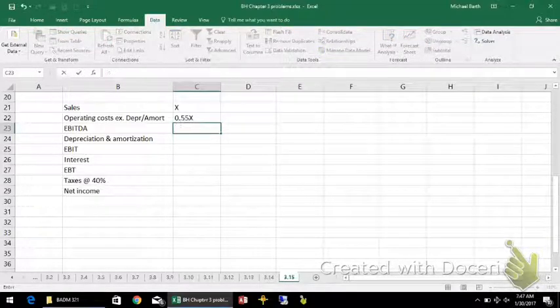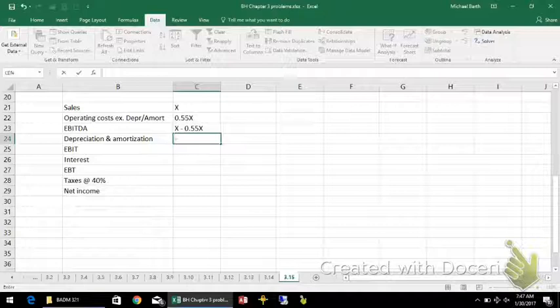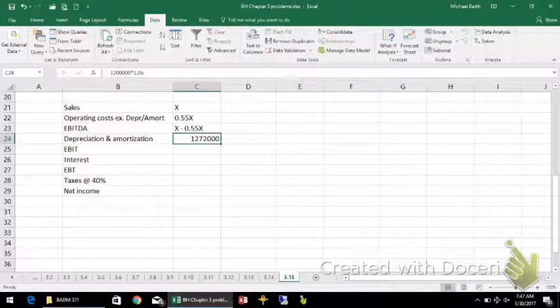It would be X minus 0.55X. The depreciation and amortization are equal to 1,200,000 times 1.06, so the new depreciation and amortization are 6% higher.